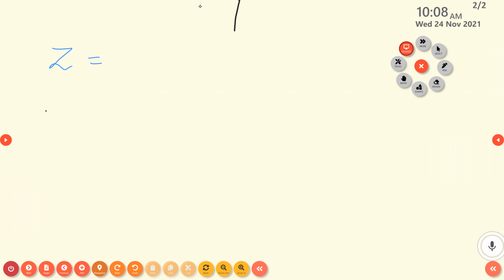Find out Boolean expression or output by using K-map. So write down Z is equal to summation of variables A, B, C. The values are 1, 3, 6, 7.